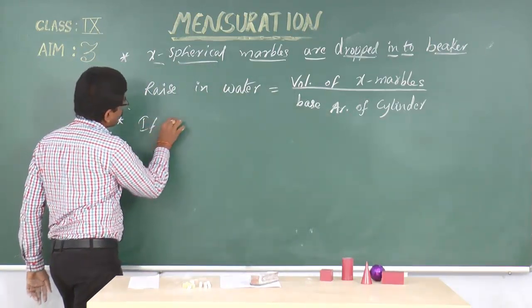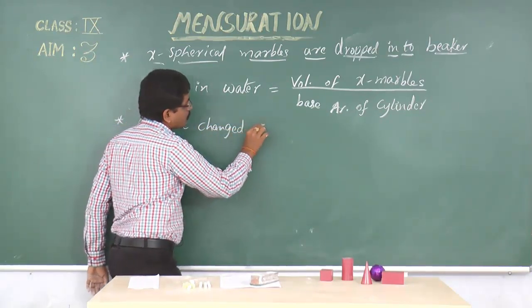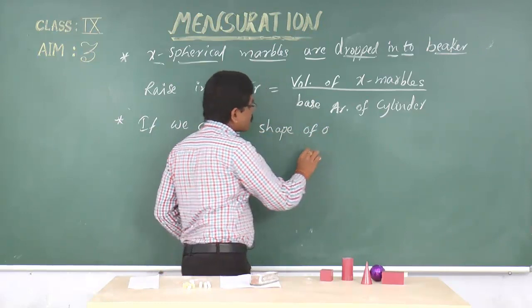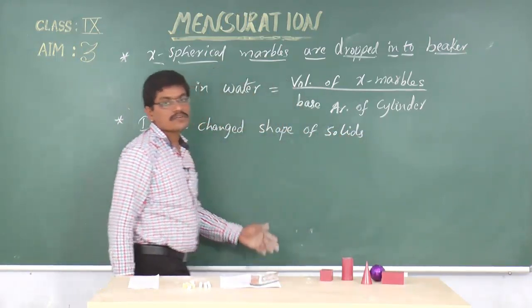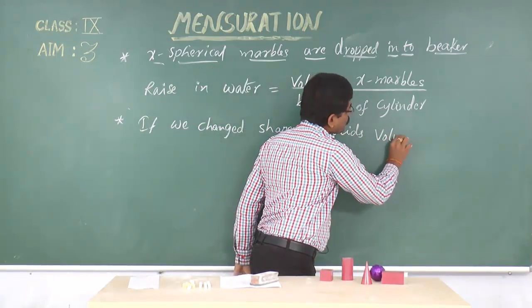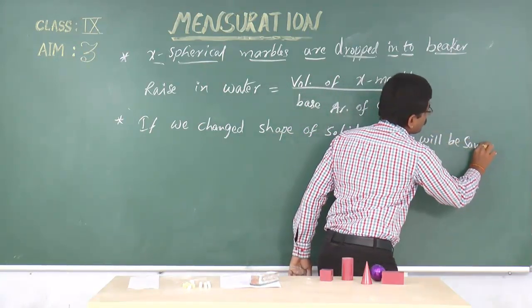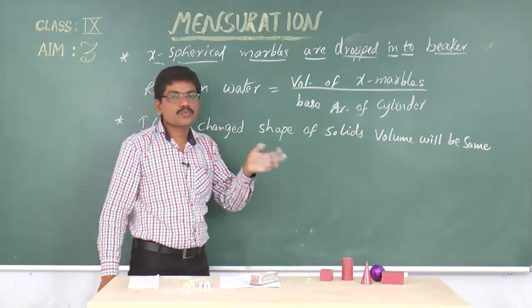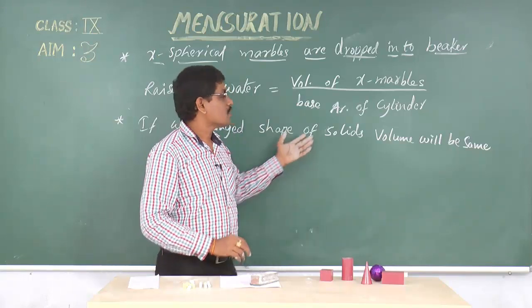If we change the shape of solids, like converting a cube into a cuboid or a cube into a sphere, the volume will be the same.